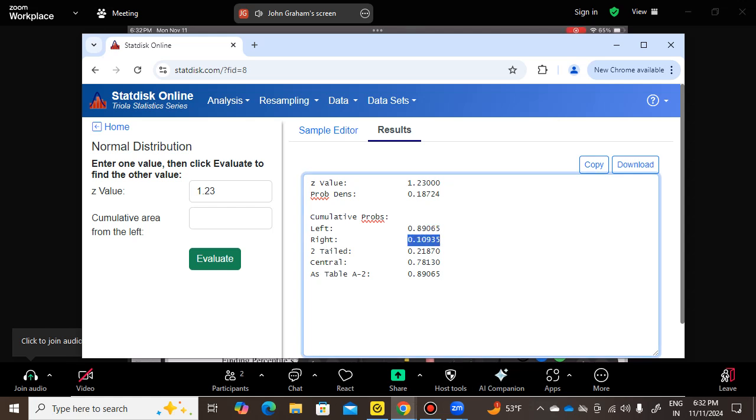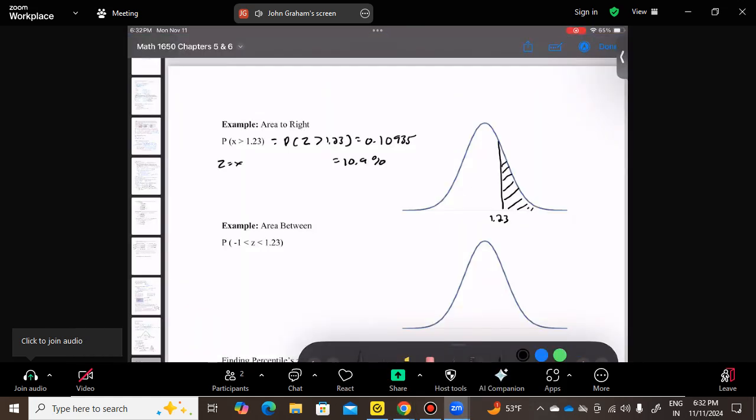This is going to be, again, probability of z greater than 1.23, because z equals x here, and it's going to be equal to 0.10935, or 10.9%. That's the gist of finding these probabilities based on a z-score.